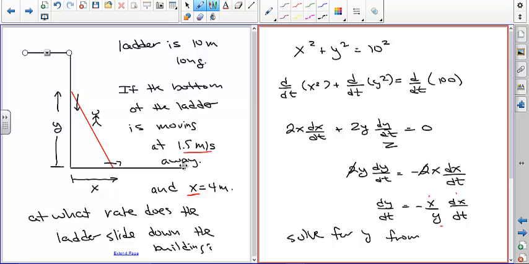Away turns out to be positive, but if I said the ladder was sliding down the building at 3 meters per second, I wouldn't say it's negative 3 meters per second. So you've got to read the problem and understand whether the rate of change is negative or positive so that you can get the right sign for the answer.